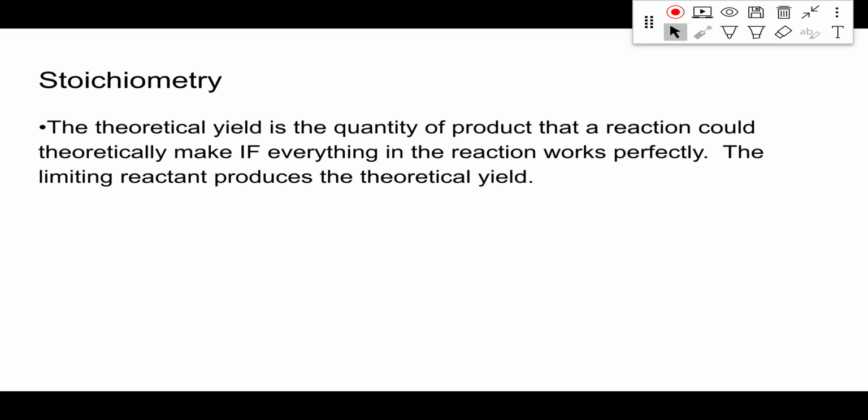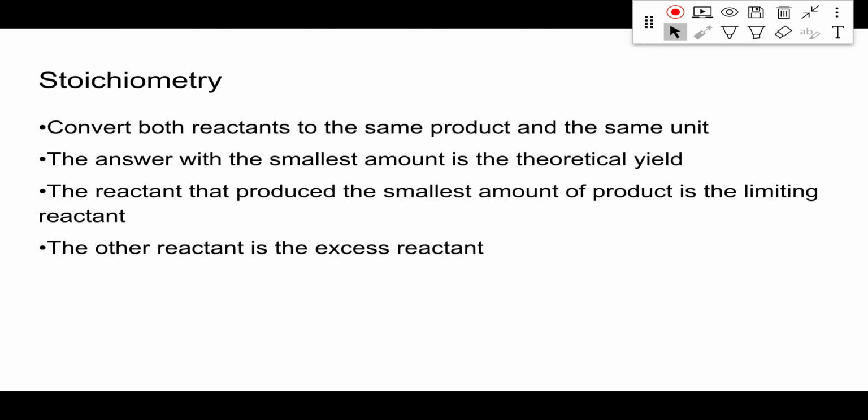So theoretical yield is the quantity of product that could be made if the reaction worked perfectly. The limiting reactant is going to be the thing that makes the theoretical yield. And so whenever we're doing these math problems, we're also trying to identify the theoretical yield.